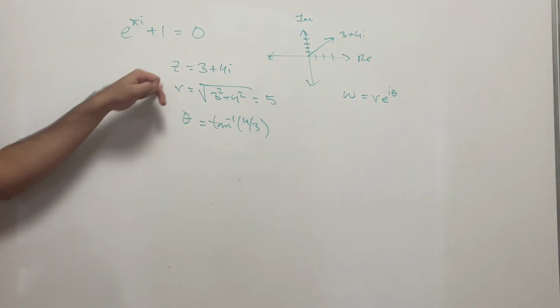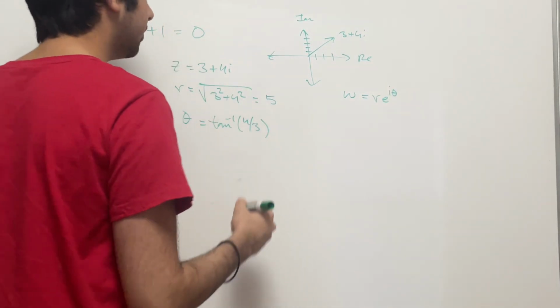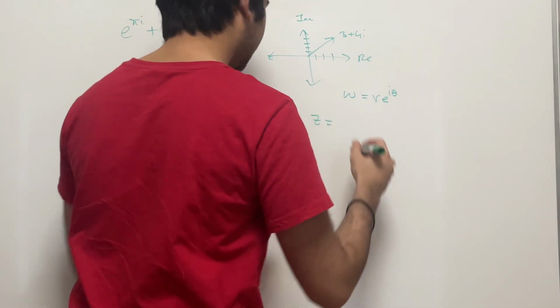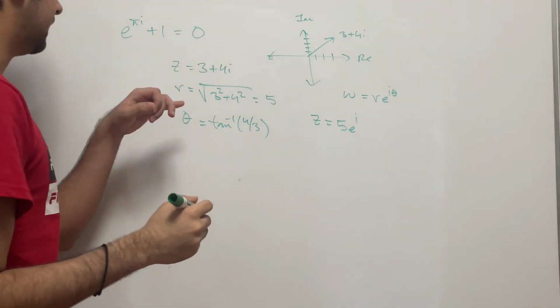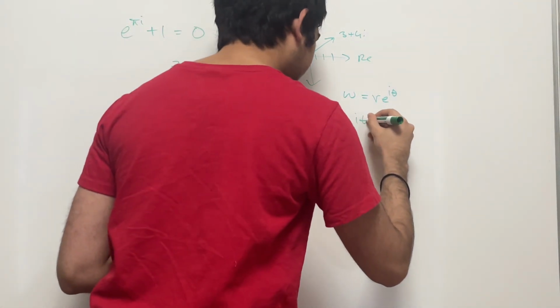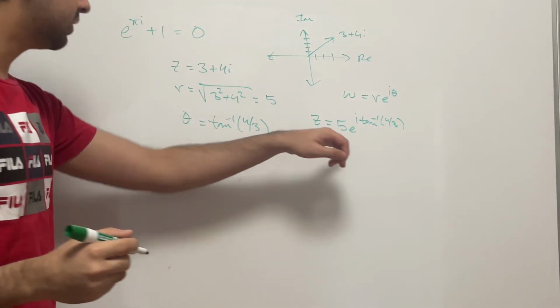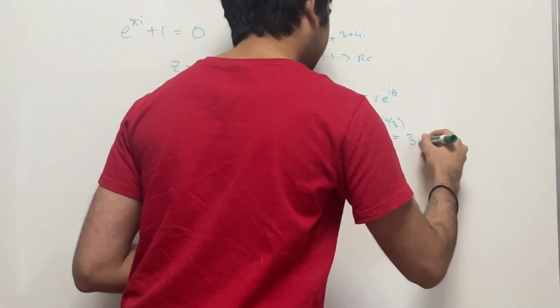So for 3 plus 4i, we can rewrite it in this exponential form. z is also equal to 5 e to the i times the inverse tan of 4/3. We rewrote it using our magnitude and direction, and that's equal to 3 plus 4i.